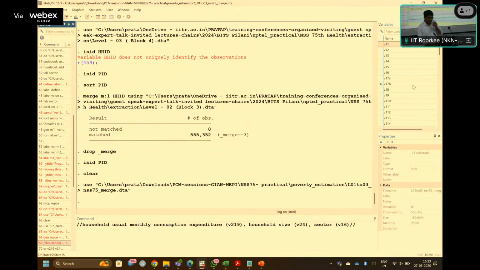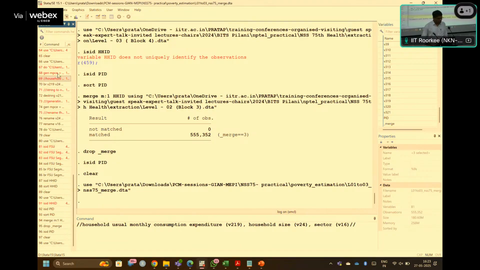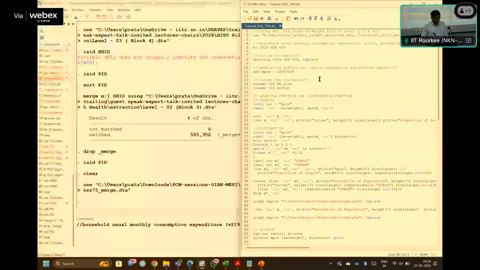All right, so here is the data set. I think we have already set the label. Anyway, I'll also clarify, he has already labeled, but I'll just tell you here as well. Using this data set, first, all the steps are given in the do file. I need not mention everything.